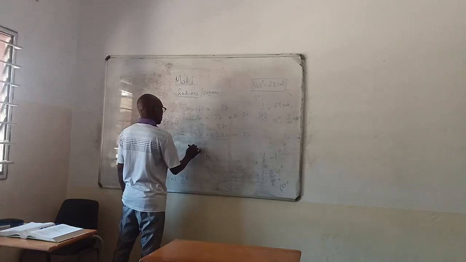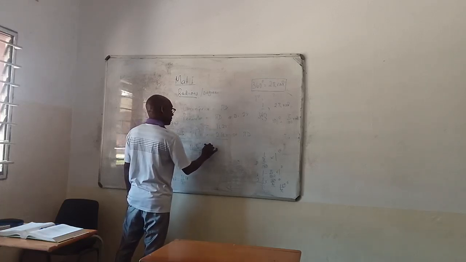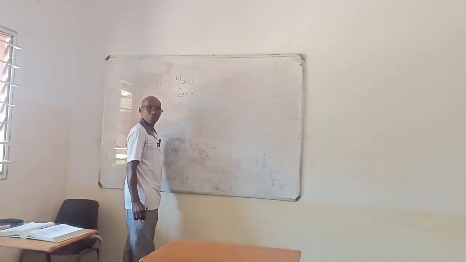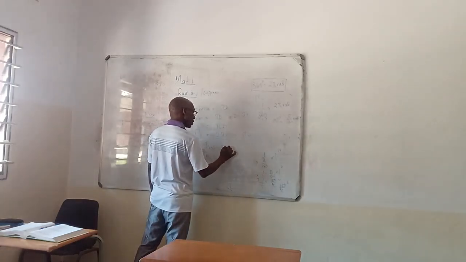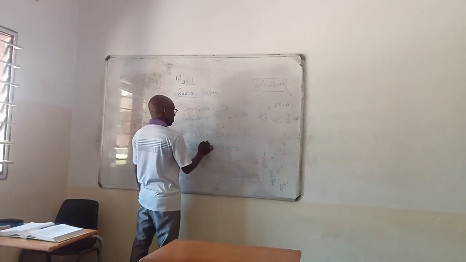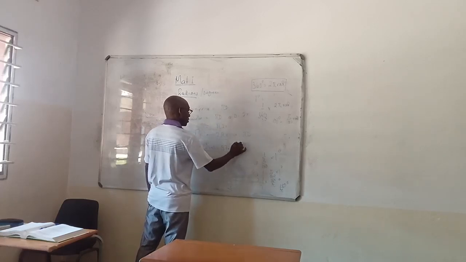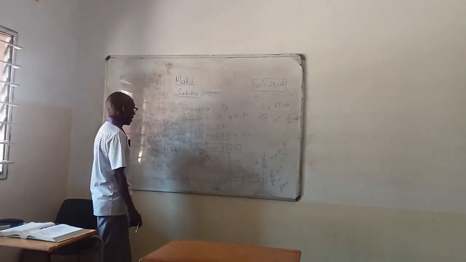Take note. 1 rad is equal to 57.296. You have to take note of that. So the moment we are looking at 1 rad, it is 57.